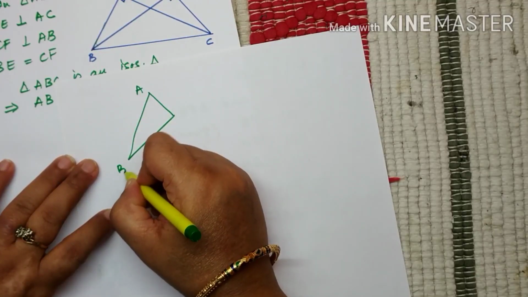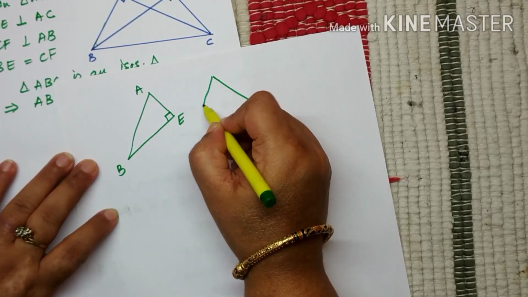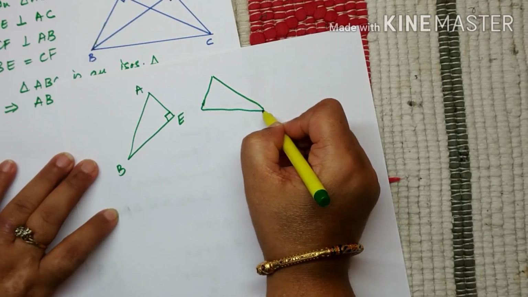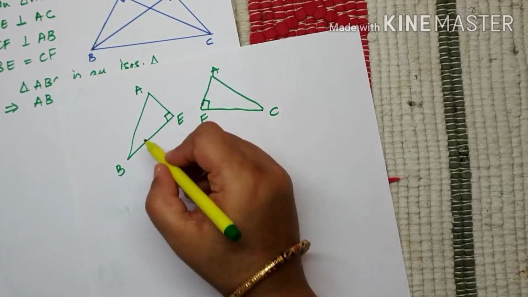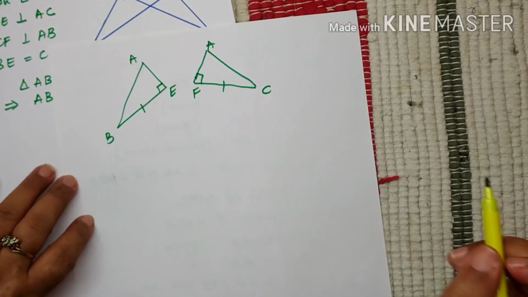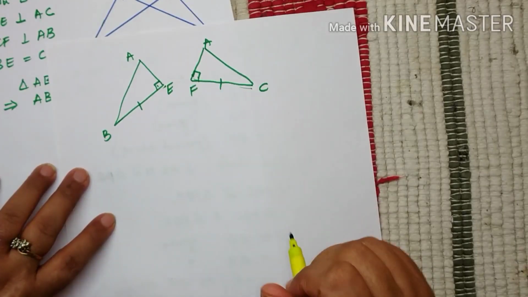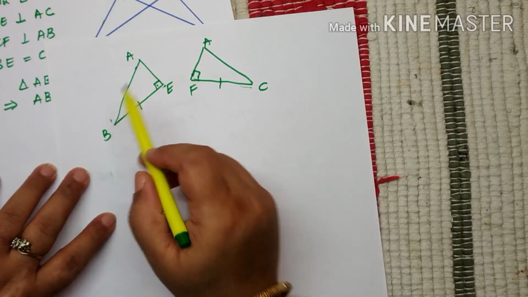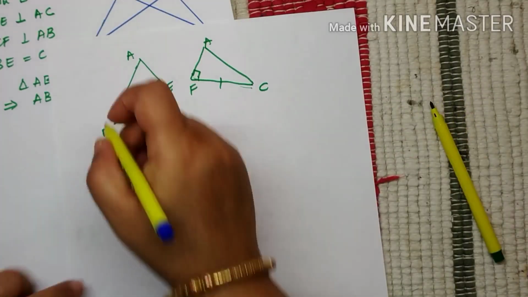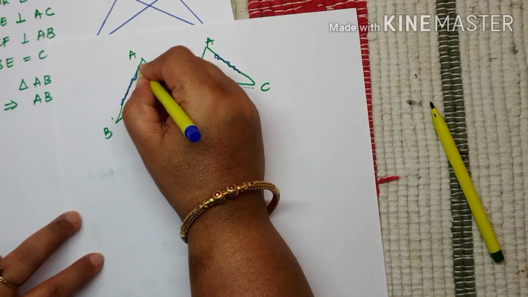Let's draw the split figures. See, if I prove these two triangles congruent, this is given. I have BE equal to CF. I have these angles 90. Right? But AB equal to AC, I need to prove. These sides equal, we need to prove.